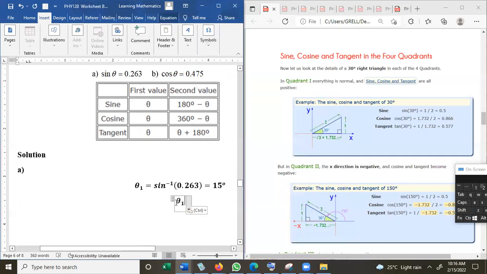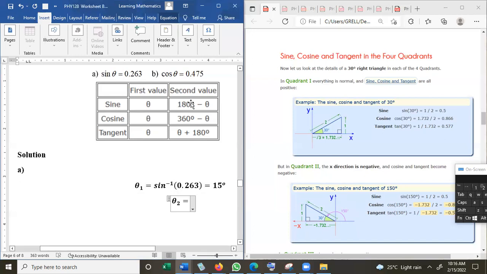So the second theta, you can practice using subscripts. First theta is the acute in the first quadrant. The second quadrant will be 180 minus, sorry, because we have to subtract the acute from the 180 because the 180 is a straight line, bear that in mind.